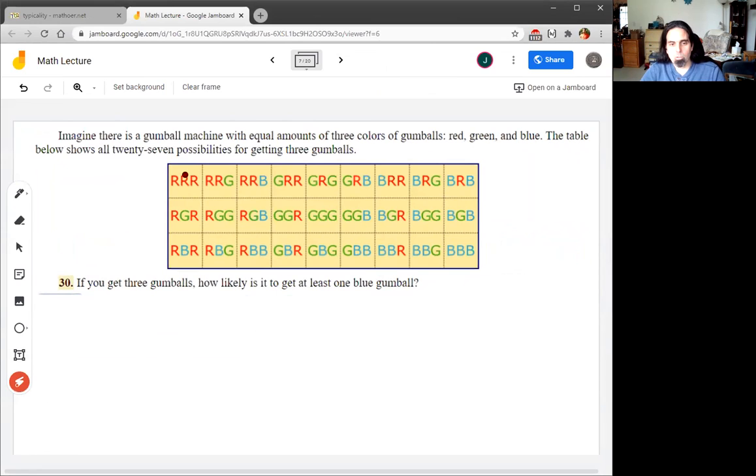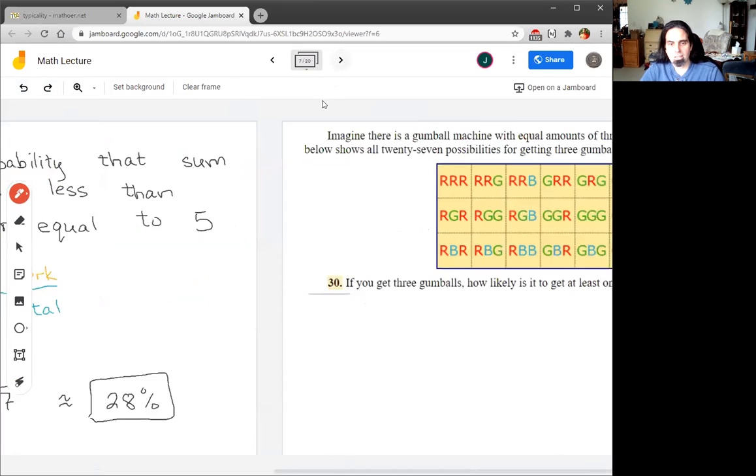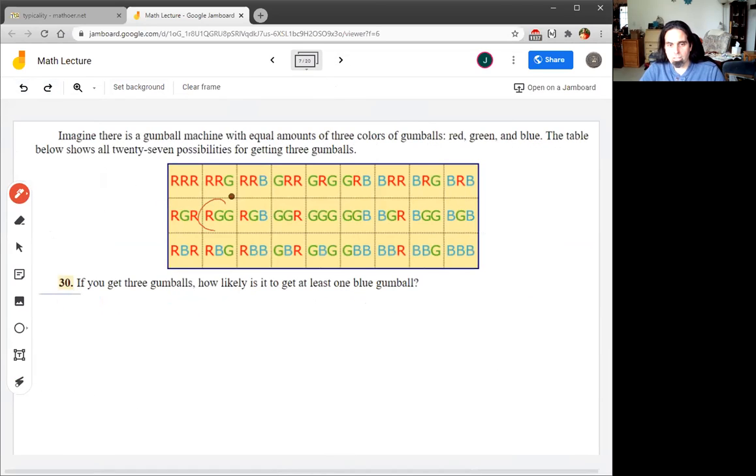You could get red, red, red. You could get red, green, red, and so on. Just like with dice, rolling a 5 and a 1 is a different thing than rolling a 1 and a 5. In this table of gumballs, getting a red and then 2 greens is different than getting 2 greens and then a red. Is that okay with everyone?